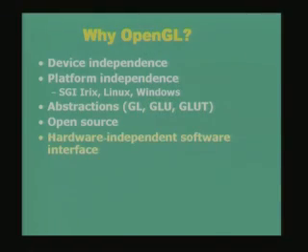And then we are talking about OpenGL as a hardware independent software interface. OpenGL is a software interface for any graphics hardware, that is the target. Of course, there could be a few specific hardware components where OpenGL may not work.